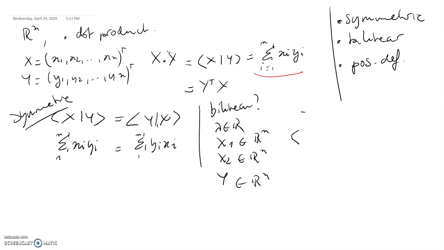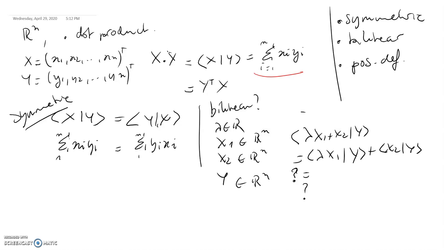So do we have that <lambda x1 plus x2, y> is equal, so that's the question we have to answer, do we have that it's equal to lambda <x1, y> plus <x2, y>, and even that it's equal to, again a question, lambda times <x1, y> plus <x2, y>.